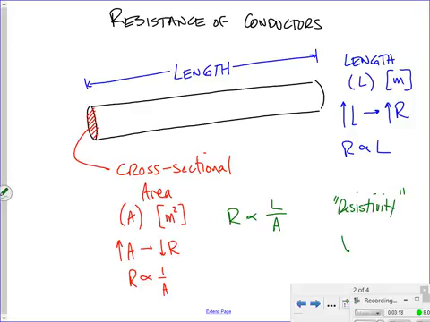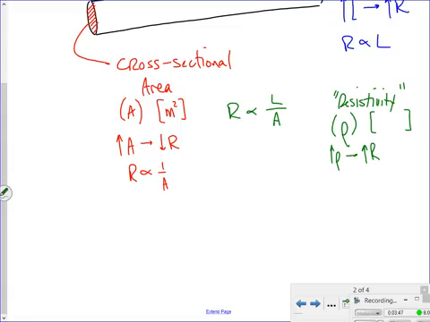We use a lowercase Greek rho. It's got some funky units, we'll talk about that. Bigger resistivity means bigger resistance. Not the same quantity, not the same word even. This doesn't say resistance, it says resistivity.